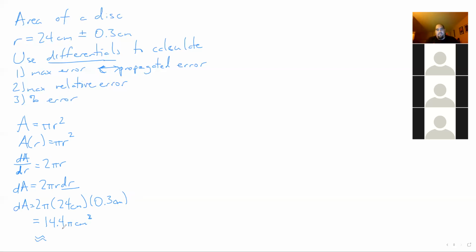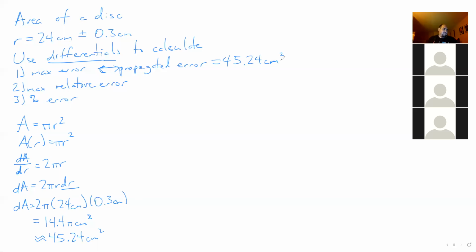So let's actually go ahead and approximate. 14.4 times pi equals 45.24. So 45.24, that's our maximum propagated error, or maximum error, whatever the exact language they used.